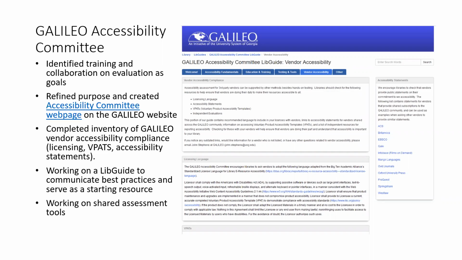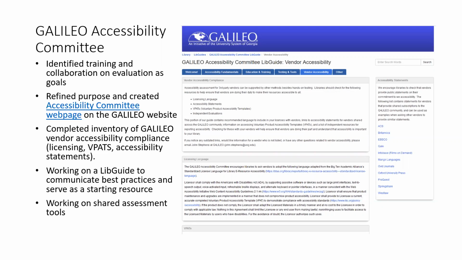Since I began here and going back before that, it hasn't been quite as structured, I think, as it needed to be. So this year we did a true inventory of all the vendors we work with, looking at what is the state of their licensing language, asking for our preferred language wherever possible, making sure that we have current VPATs on file for all our vendors and doing at least a cursory check of those.